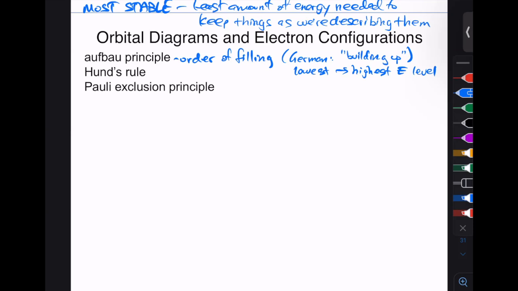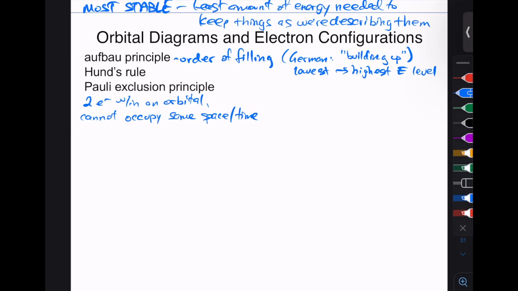Given that there's evidence for two electrons within a given orbital, they can't occupy the same space at the same time.